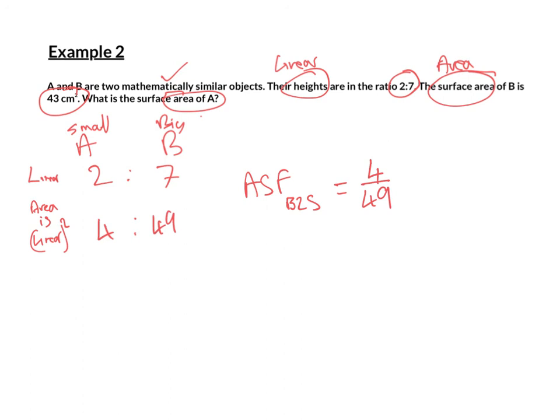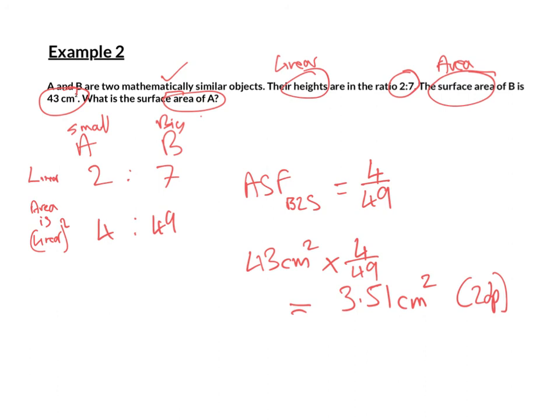If you're going to multiply by a scale factor that's going to make something smaller, it has to be less than 1. So that's how we know the smaller number goes on top. Then it's nice and simple. Here is the surface area of B. We want the surface area of A. So we times it by 4 over 49, and that gives us 3.51 centimeters squared to 2 decimal places.